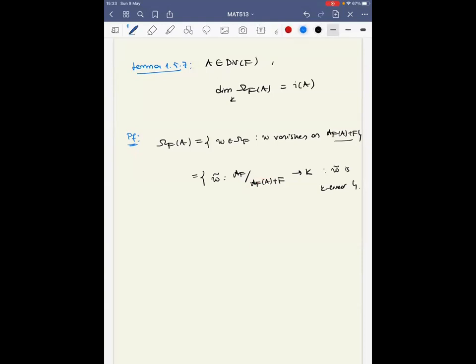And if we refresh our knowledge from linear algebra, if we have a finite dimensional vector space U over a field K, the space of linear forms from itself to its field has the same dimension as the given vector space U. So in this case, if we consider all K-linear forms which are defined from this vector space to K, it has the dimension of this vector space, which is indeed the index of specialty as we computed in theorem 1.4, 5.4.